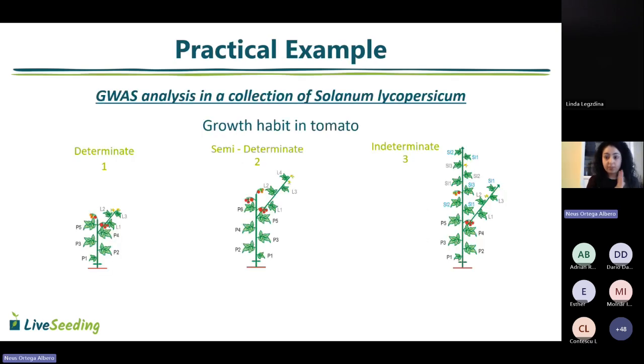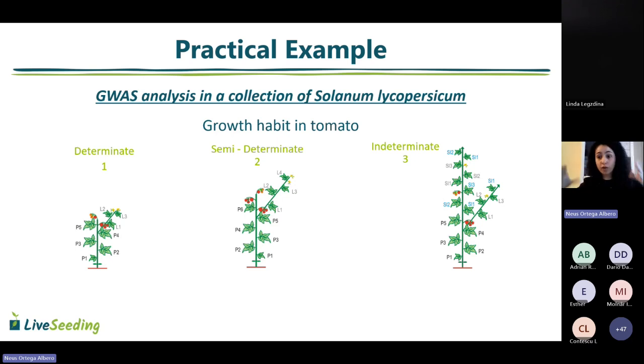So the first practical example would be a GWAS analysis in a core collection of tomato, Solanum lycopersicum, with accessions of very variable tomato landraces.